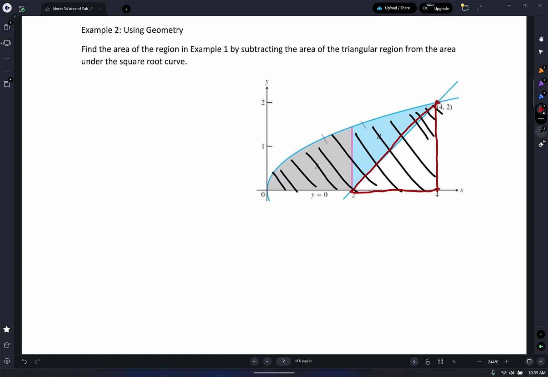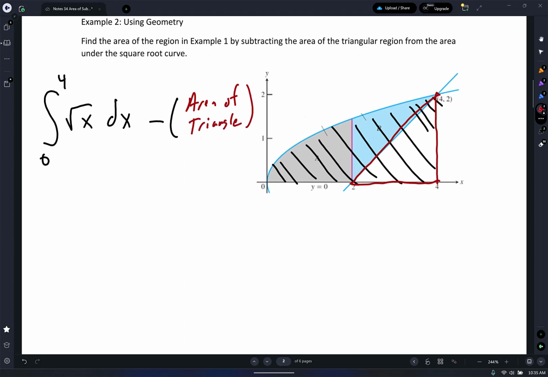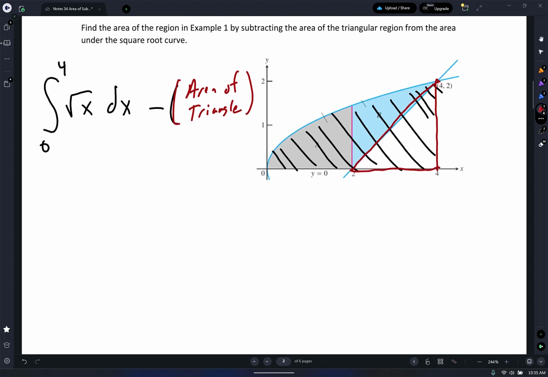So I could have gone integral from 0 to 4 of the square root of x dx and subtract, and I'm just going to write in parentheses area of triangle, and I did that in red, so let me color code it in red for you guys. Do you guys see that? Let's see if this would have saved us a lot of work.